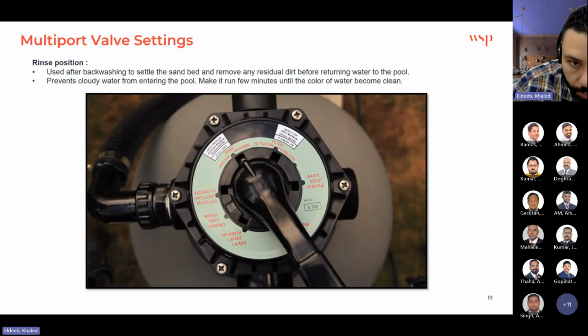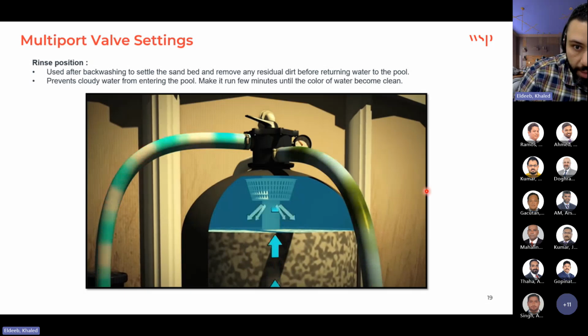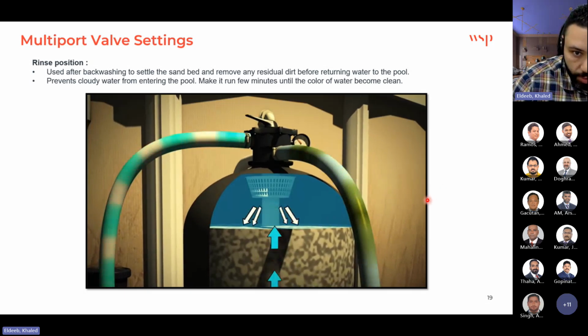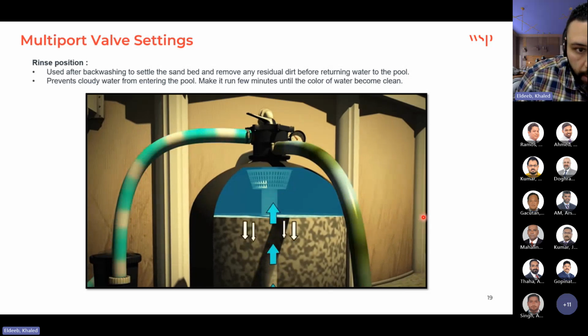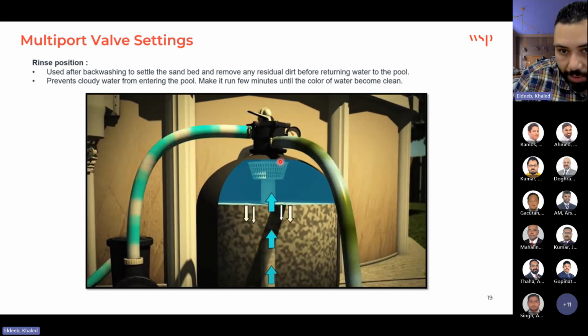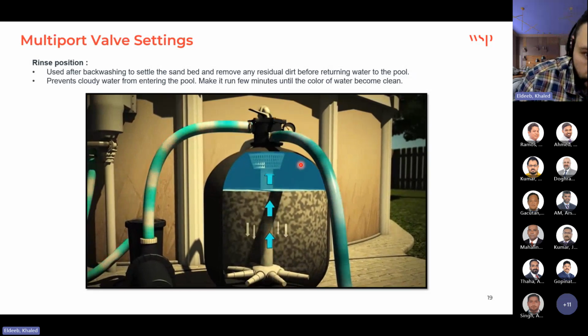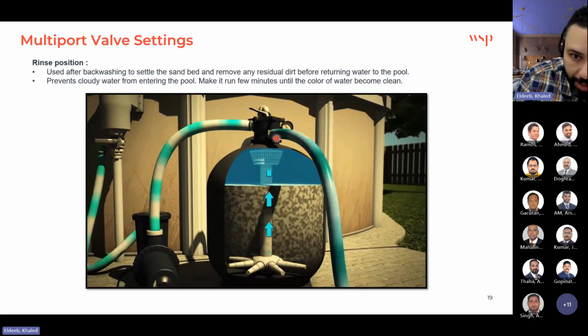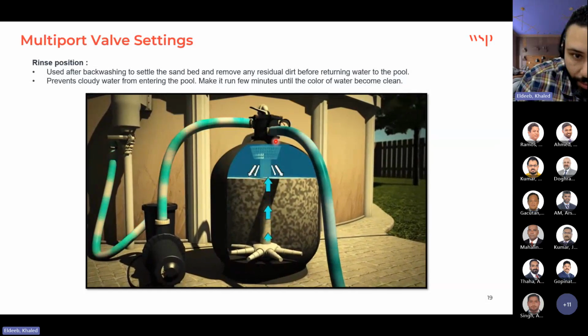You see this bottle. From this bottle, you can see whether the water is clear or not. Then the rinse position. As usual, stop the pump and turn the dial valve lever to the rinse position. Why do we rinse? Because during the backwash, all the sand gathers here in the multi-port valve. And once returned to the filter position, all the sand and dirt accumulated in the valve body will go back to the bowl.